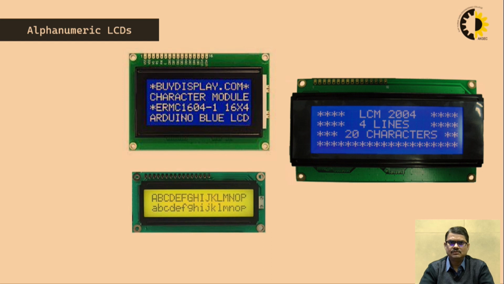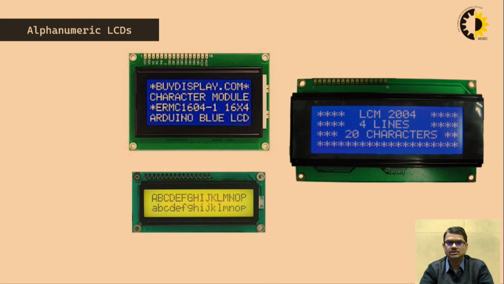Remember a few points when dealing with LCD displays. Number one is that we can only display alphanumeric characters on these displays, the characters which have a proper ASCII code.